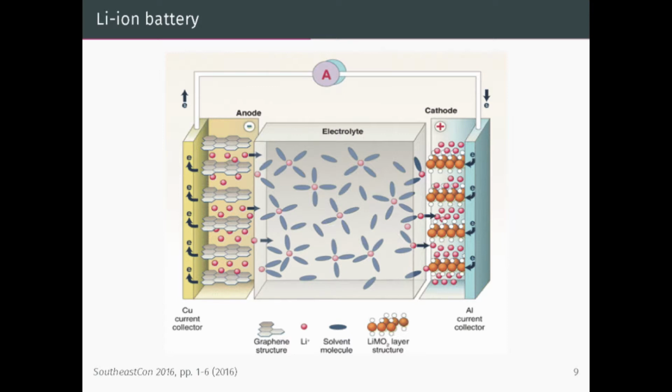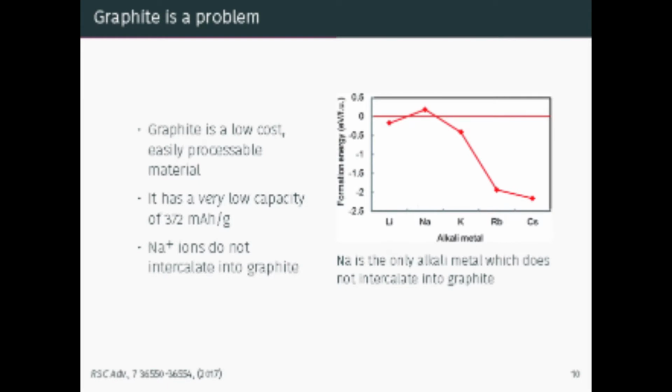So we'd kind of like to see if we can find other materials for this anode structure. And you can sort of see where this is going. We want to try and predict some of those new materials using crystal structure prediction. So graphite's good because it's low cost, like I said, but it has a very low capacity. And when we talk about next generation battery materials, we're not just talking about lithium ion batteries.